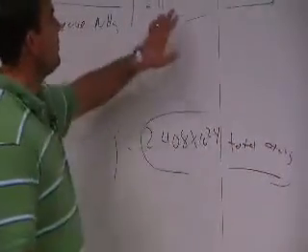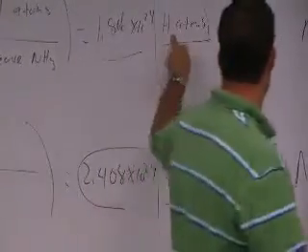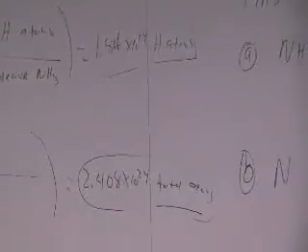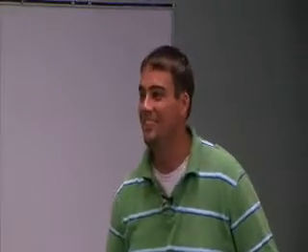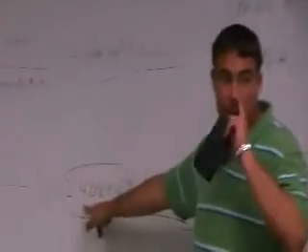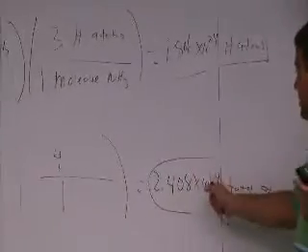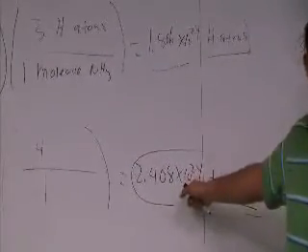Now, you guys do see which number's bigger, 1.806 times 10 to the 24 or 6.02 times 10 to the 23? Yeah, that's exactly right. Remember, with numbers in scientific notation, you've got to look at the exponent as well.